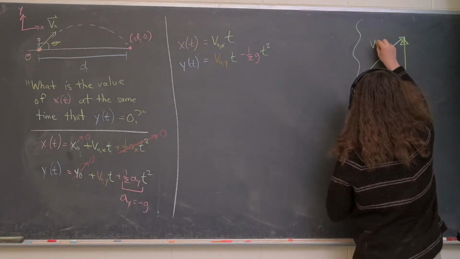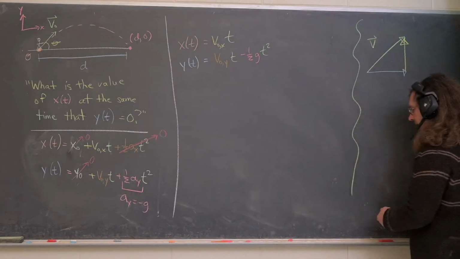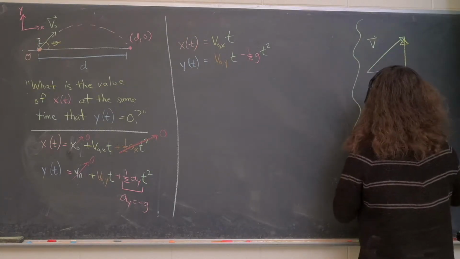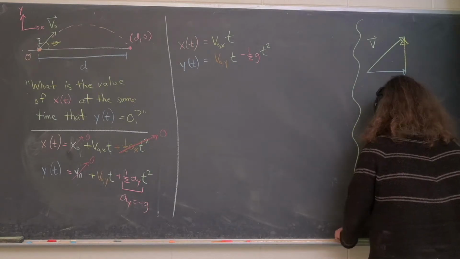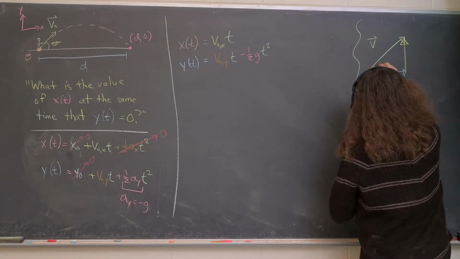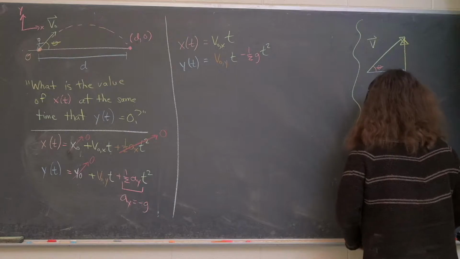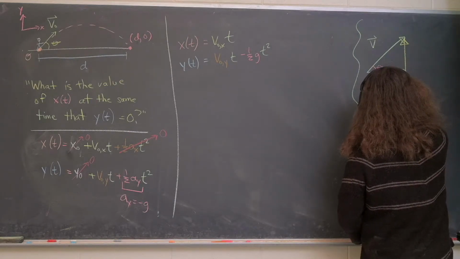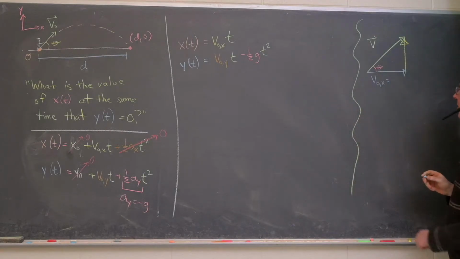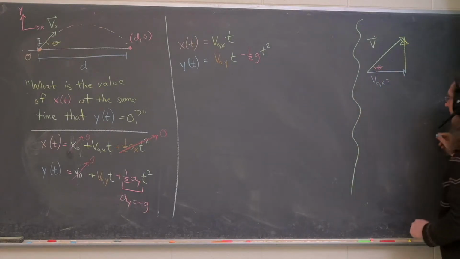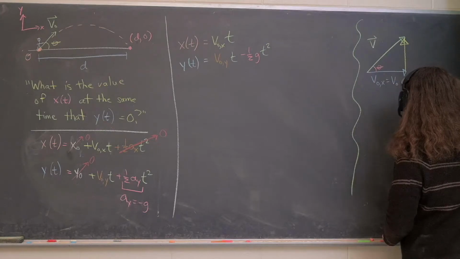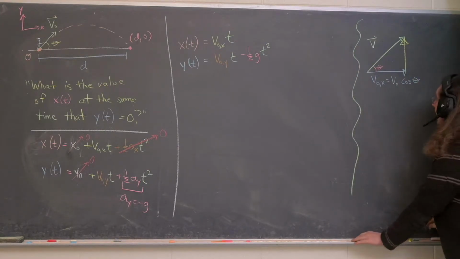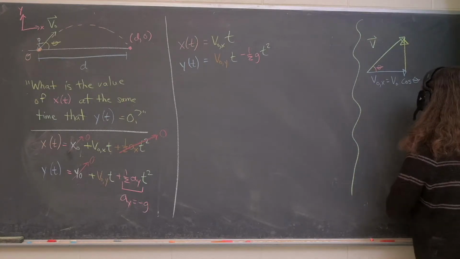So here's the initial velocity vector. I know its length, and I know its angle above the horizontal. But what I need to know are its x and y components. So the x component, let's see, this is the adjacent side. So cosine is the adjacent, and sine is the opposite.